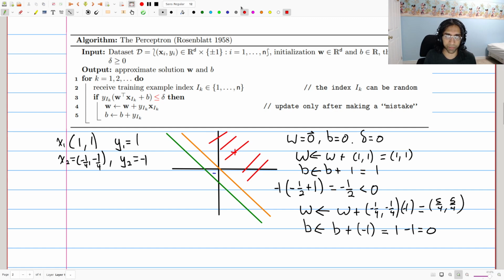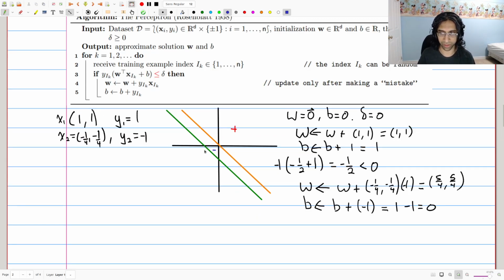Everything above is going to be plus and everything below is going to be minus. So this is kind of a toy example because we only had, for example, 2 different points. But this is kind of how the algorithm works. You can work out more complicated examples for yourself if you'd like. But that's the basic algorithm for now.